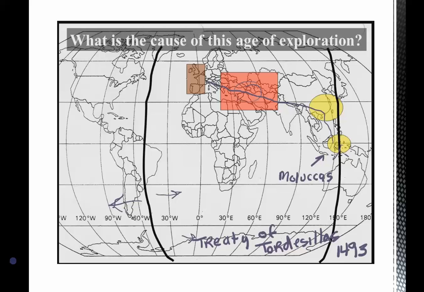So what Western Europe decides to do, principally the Portuguese and the Spanish, is to try to find alternative routes to bypass these middlemen who are draining profits away from their trade.